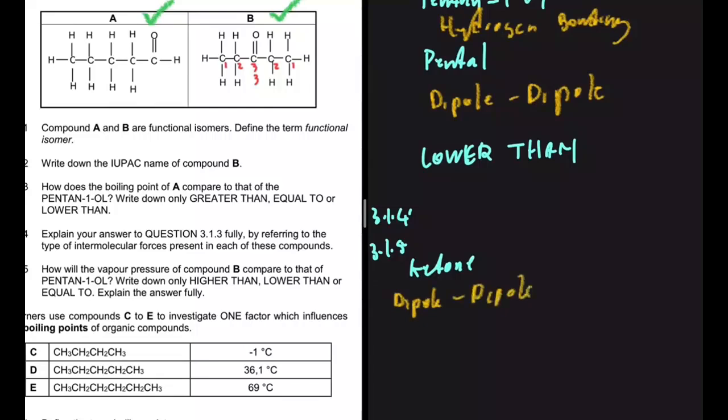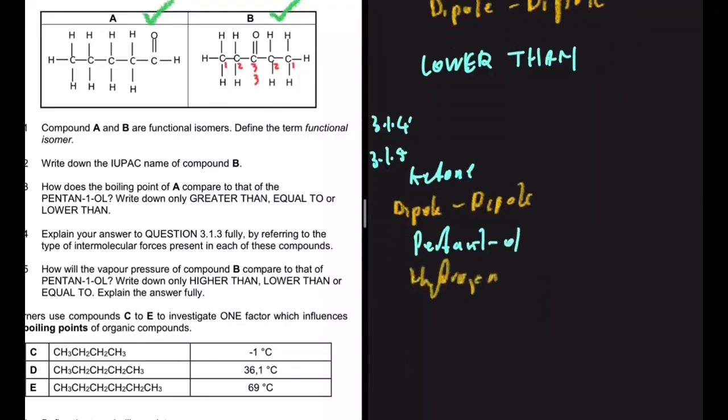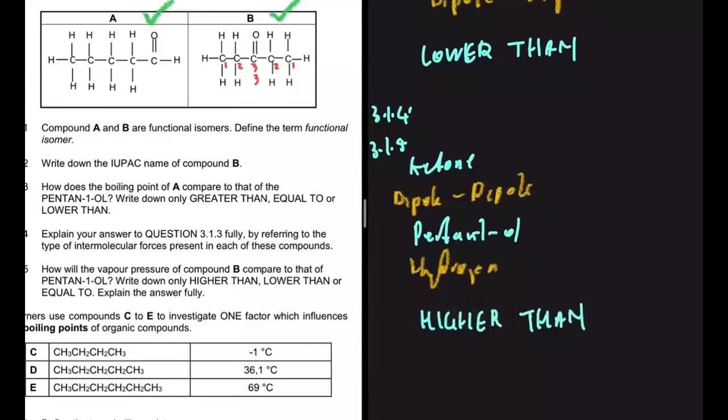And then again in pentan-1-ol we have hydrogen bonding. So that will lead to the ketone having a higher vapor pressure compared to pentan-1-ol. What you have to understand is that the weaker the intermolecular forces, the higher the vapor pressure.